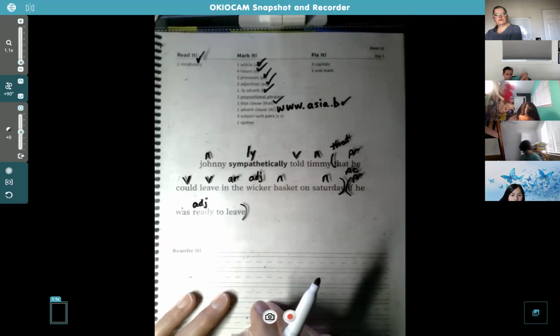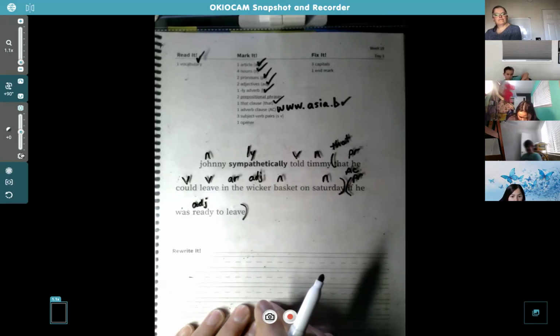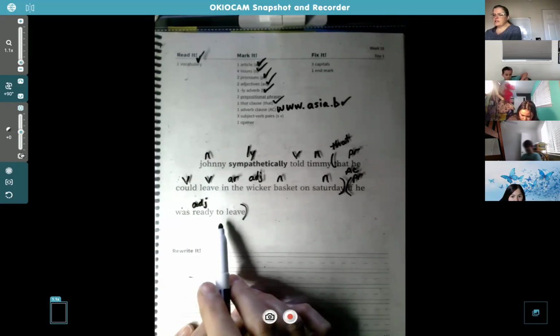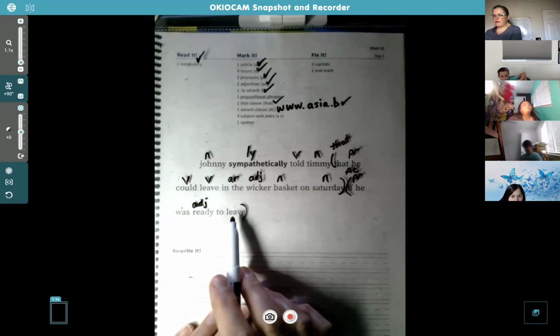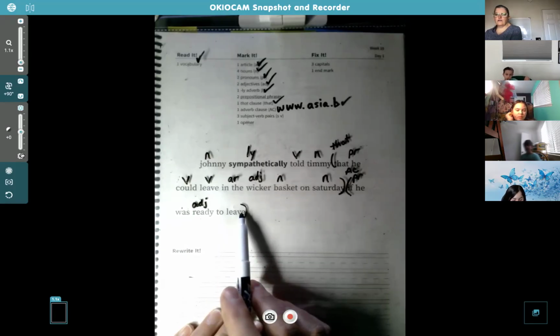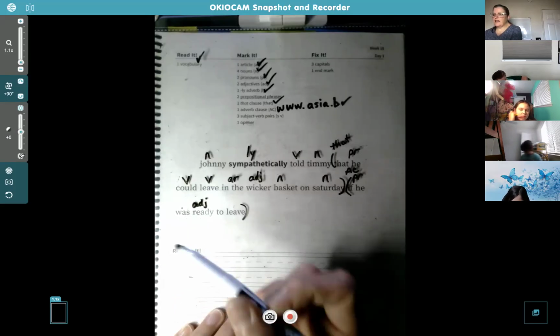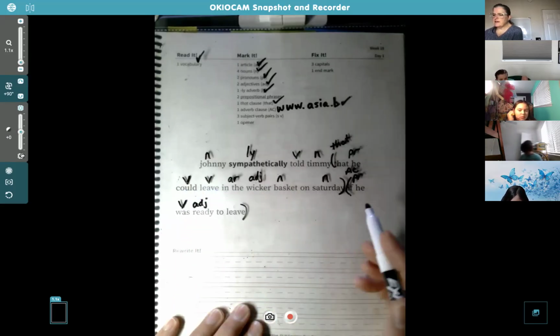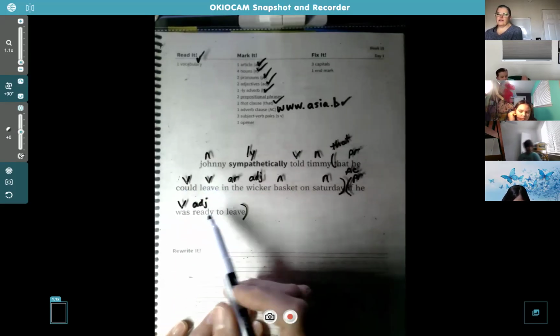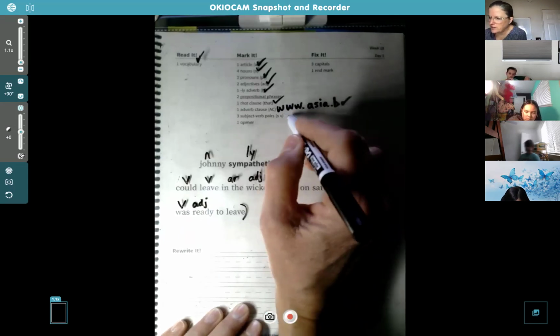And one more. Oh, no, not leave here because it's after the word to. Remember when we had that word to? It's an infinitive. So it's not to leave. It's right before ready. It's a linking verb. Was. Yes, was. That's linking he to ready. He was ready. That's what it's doing, it's linking.